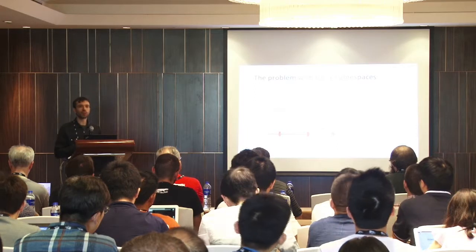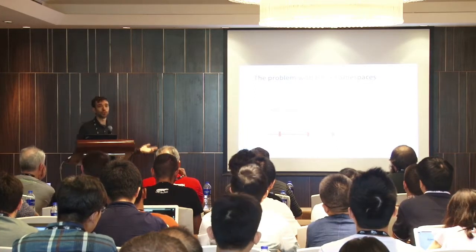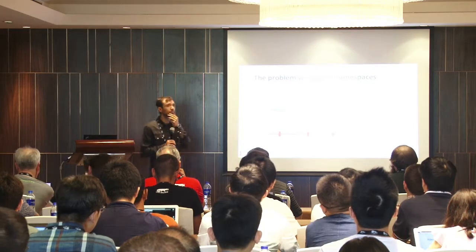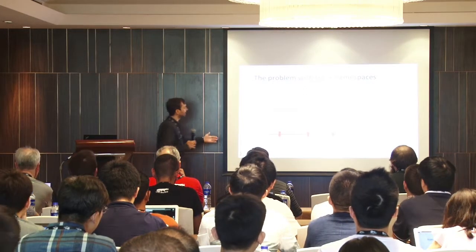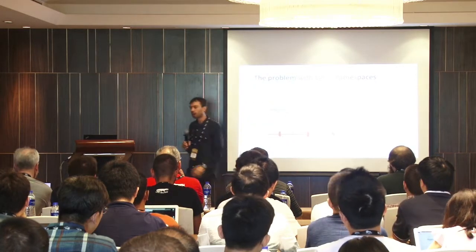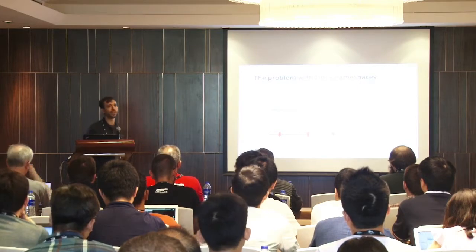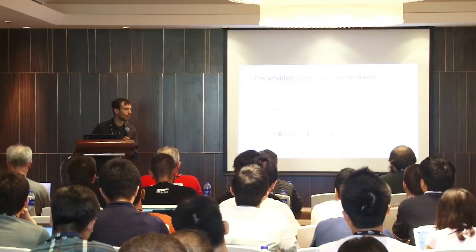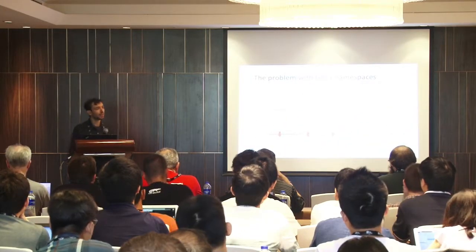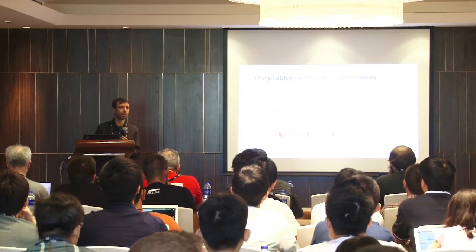And I'm going to start with the one I talked the most about last year, that is security. So the main problem with Linux namespaces is the shared kernel. So obviously all these apps are running on a single Linux kernel, and as you know, the Linux kernel interface to application is very large. It's difficult to secure. There are a number of privilege escalations being discovered for every Linux release.